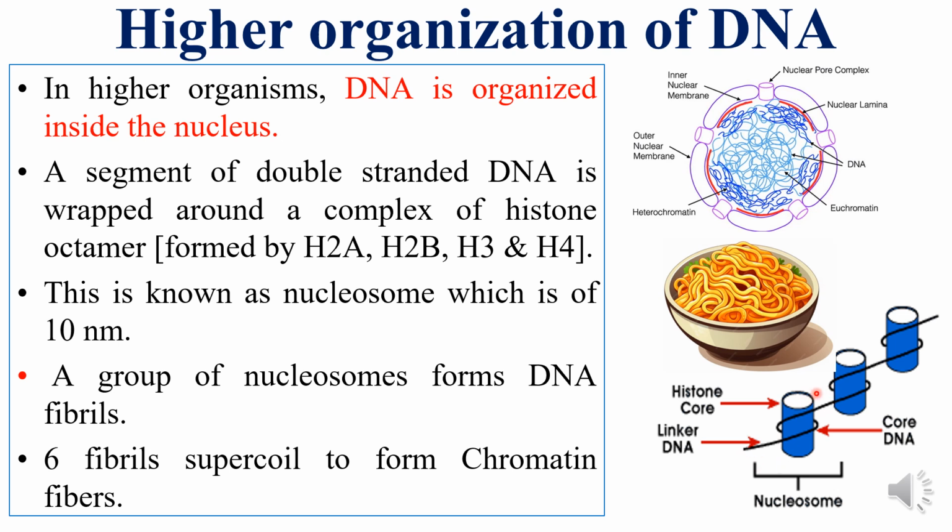A small section is free, then once again the DNA wraps itself around the next octamer. So like this, the DNA winds around the histone core. The free part, which is unwound or which is free of any histone octamer, is known as the linker DNA. So this is the linker DNA.